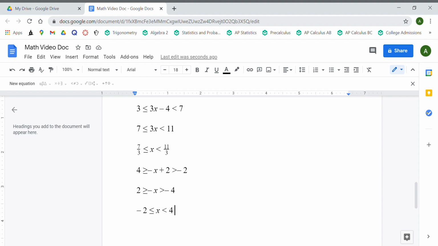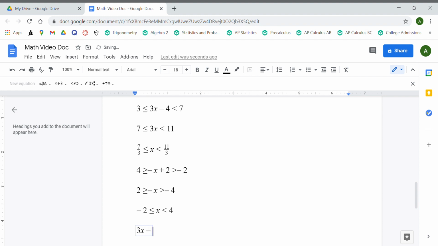And now for a final concept. Actually, we got 2 more concepts, but one more concept where you're going to have to be doing some practical work. Okay? So, we're going to do OR inequalities. Alright?